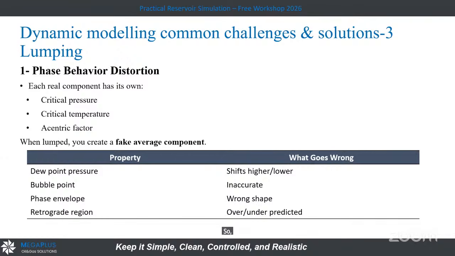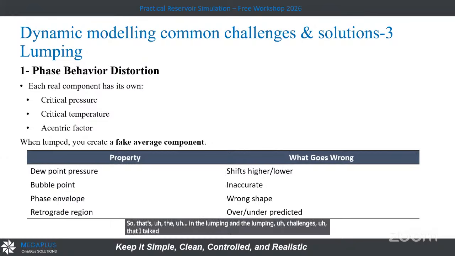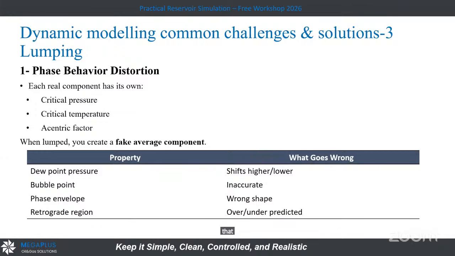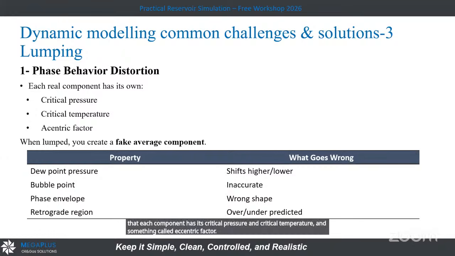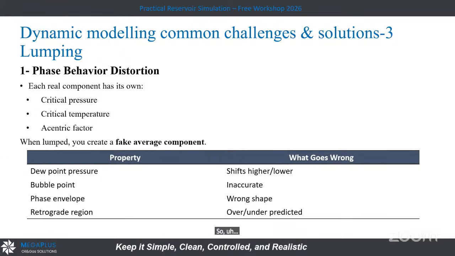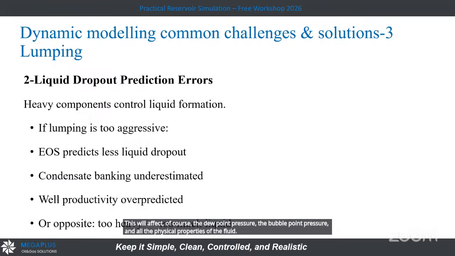That's the lumping, and the lumping challenges that I told you: each real component has its critical pressure, critical temperature and something called the acentric factor. So when we lump, maybe a fake component will happen. This will affect, of course, the dew point pressure, the bubble point pressure, and all the physical properties of the fluid.